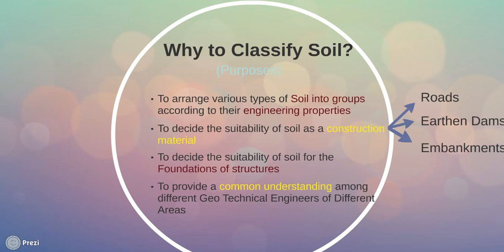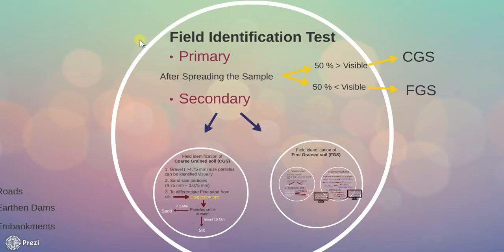Let us move forward to field identification tests. In the field, we will do the first test, which is the preliminary or primary test, and then we will go to the secondary test. What is the procedure of the preliminary field identification test?